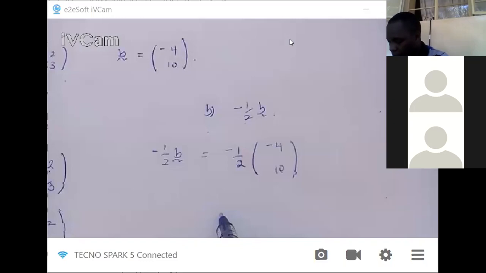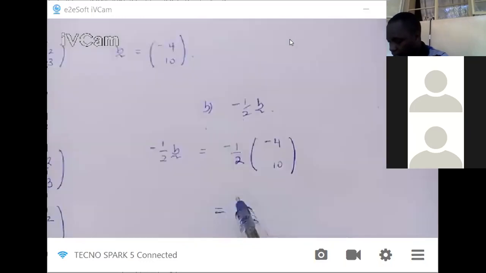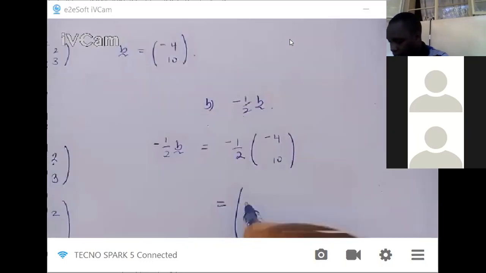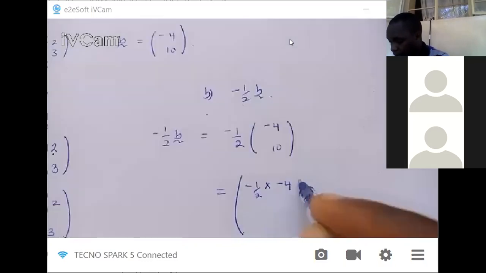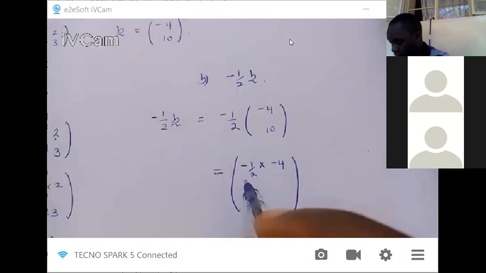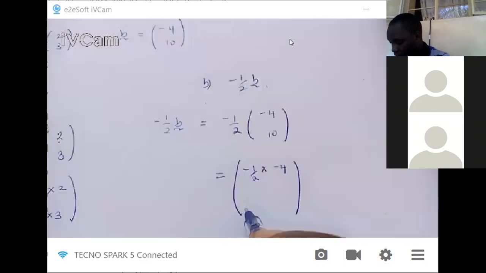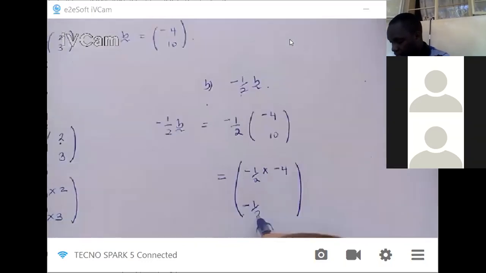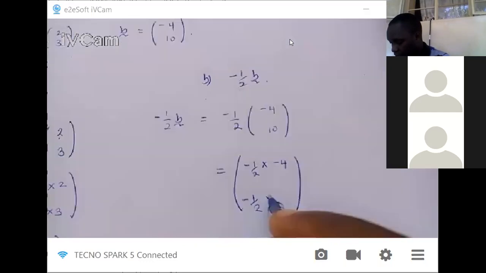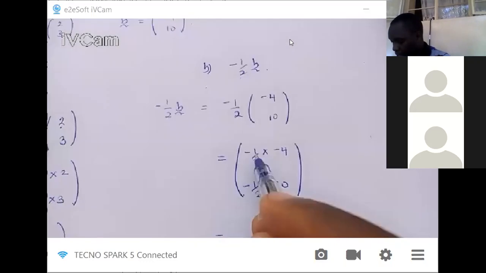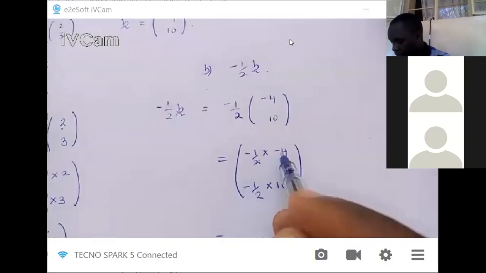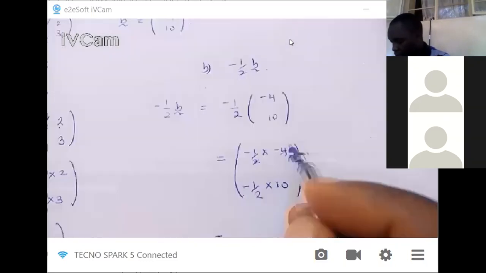So if I multiply inside, I'll get -1/2 times -4, and down here I will get -1/2 times 10. And when I multiply here, this and this will cancel, and I will get 2.